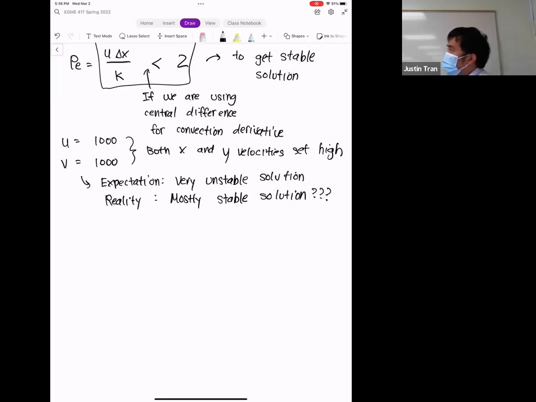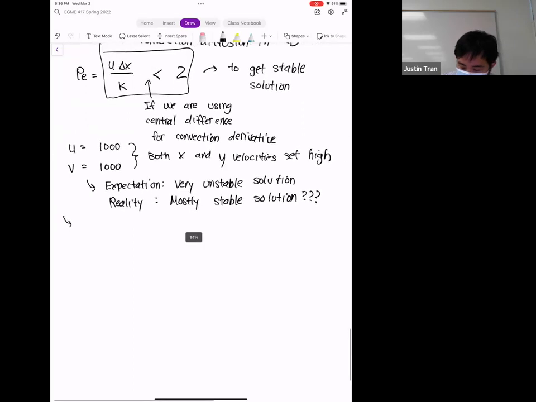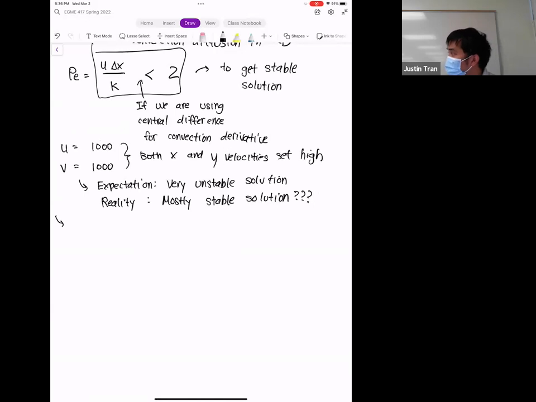Individually, if we set the velocities equal to 1,000, they end up with an unstable solution, but when we set both of them to 1,000, we end up with something that's mostly stable. The reason is a phenomenon known as cross-stream diffusion, which is unique to 2D convection codes.